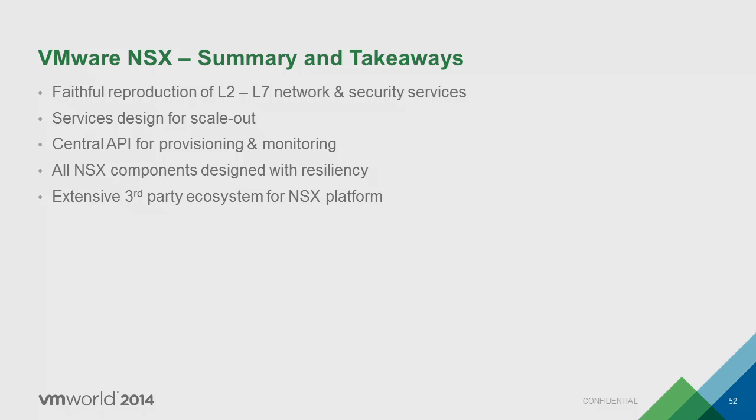Even though it's a scale out approach, all of it is driven through a centralized API or a centralized UI, which enables a great deal of automation. All of the NSX components have been designed with resiliency in mind, so we don't create any single point of failure in the system. And we look at NSX as a platform. I gave you little bits and pieces of the integration we have with various partners.